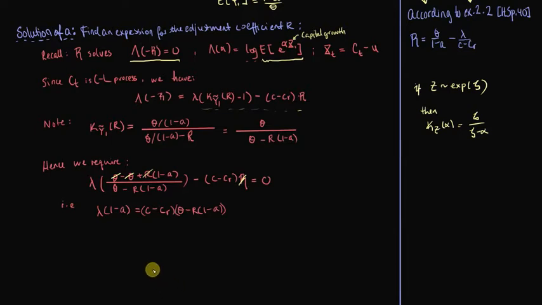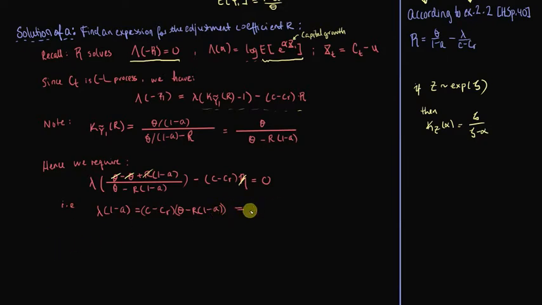What we want to do is to isolate r in this expression. And how do we do that? Well, what we can see here is that we can multiply the c minus cr into the parenthesis.